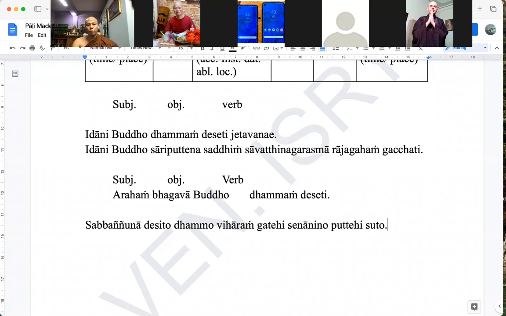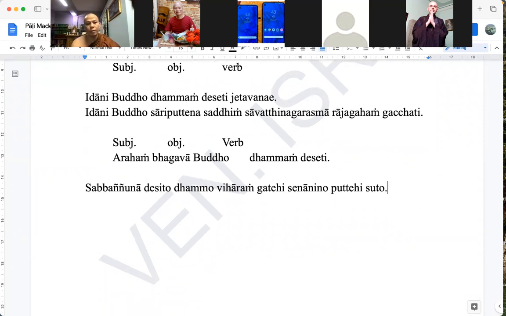Okay. So in this sentence, when you find the subject, or instead of the subject, the verb should firstly be found out. So here the verb is not a main verb, because this is immediately after lesson 15, so we use the past participle as a verb. So here sutto.